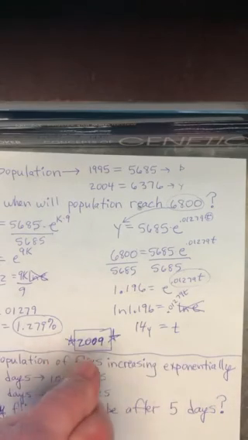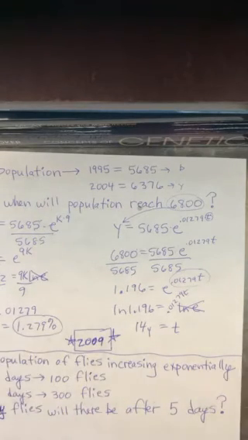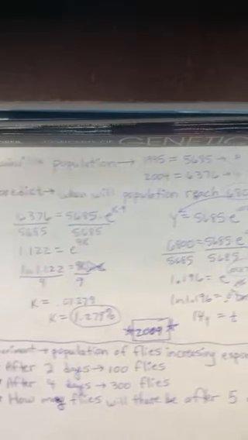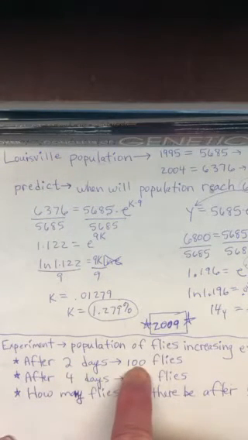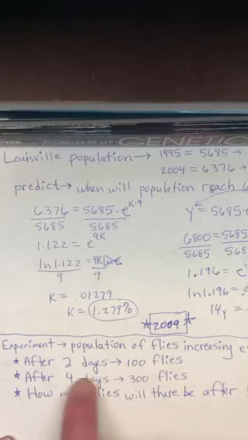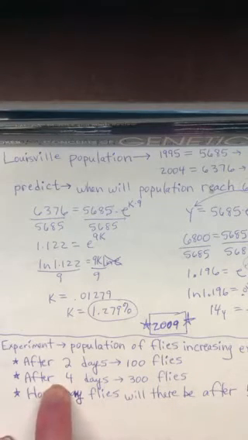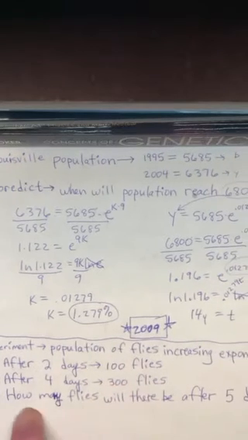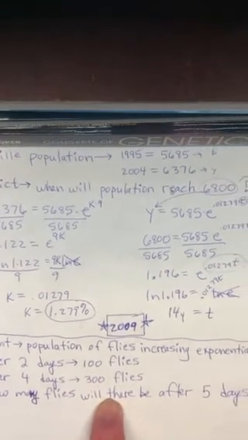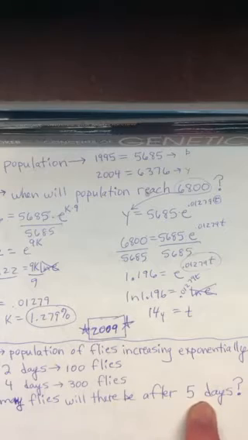That simply is giving us the thumbs up to use our exponential growth model, okay? After 2 days, there were 100 flies present, and after 4 days, there's 300 flies present. So how many flies will there be after 5 days?